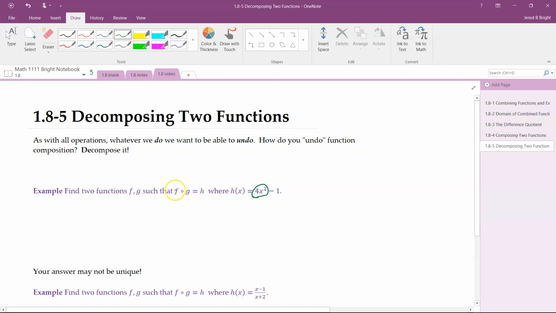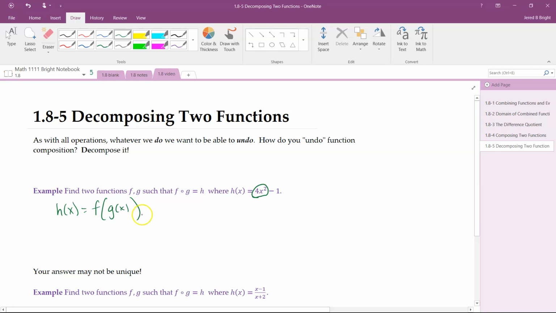In terms of guessing and checking, I notice that there's a 4x squared. Now, keep in mind that h of x needs to equal f of g of x, right? So I'm going to be substituting in x, and all my changes are to x. So it'd be useful if I look at the terms containing x and see if there are any similarities between the terms where I could substitute something in and perform an operation and get out the thing that is being shown to me.